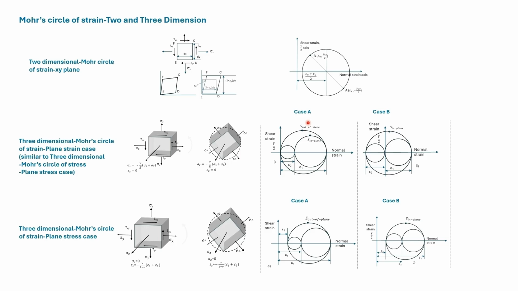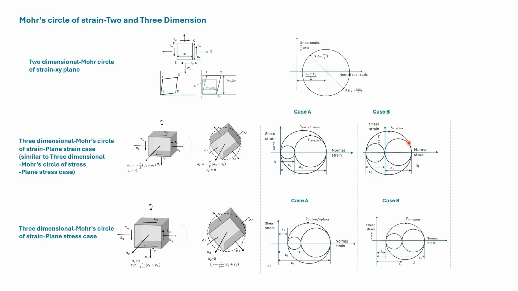For case A, this Mohr circle is the xy plane Mohr circle. The xy plane Mohr circle of strain is on one side of the shear strain axis. Here it is shown on the right, but it can also be on the left. The absolute maximum shear strain will be the maximum out-of-plane shear strain for this case.